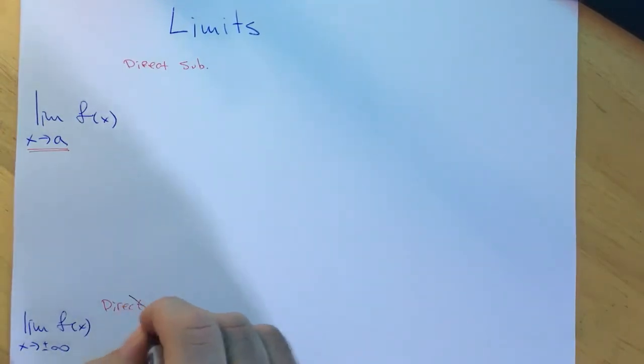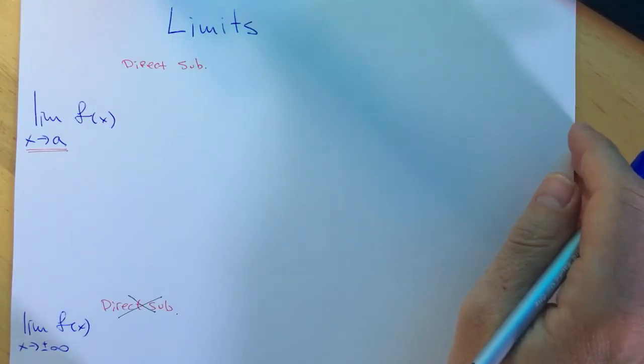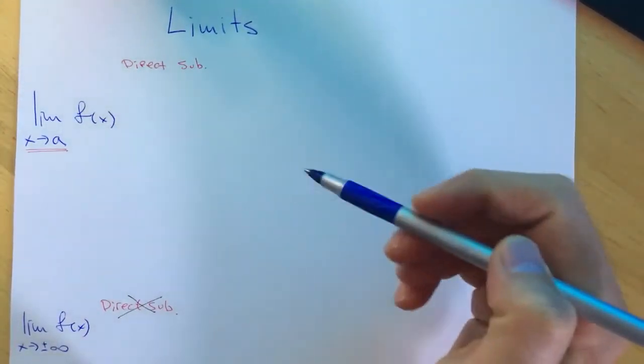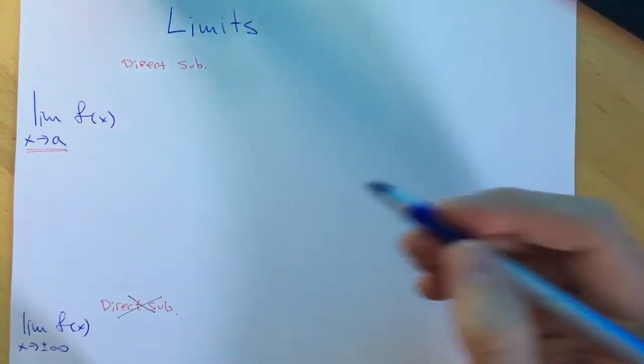We cannot use direct substitution. Why? Because infinity is not a constant. You cannot just plug in infinity and hope that it will give you some kind of answer. So after the direct substitution, a few scenarios can happen. Of course, I'm limiting these scenarios to what you might expect on the test rather than what to expect in real life.